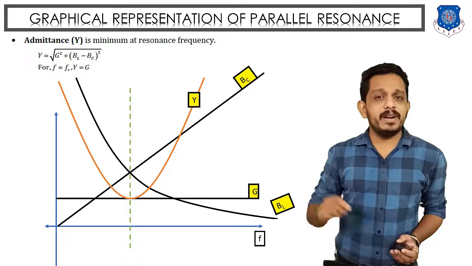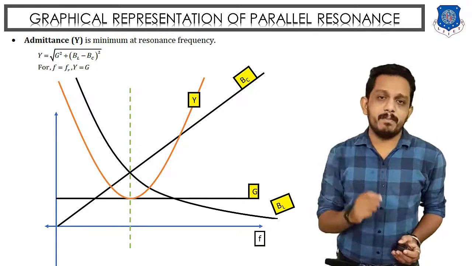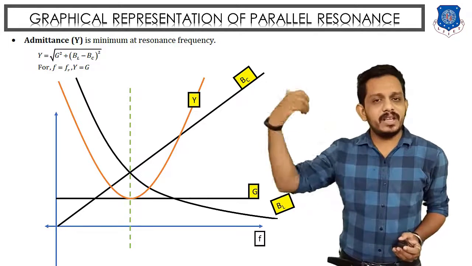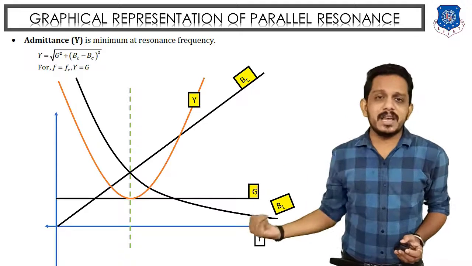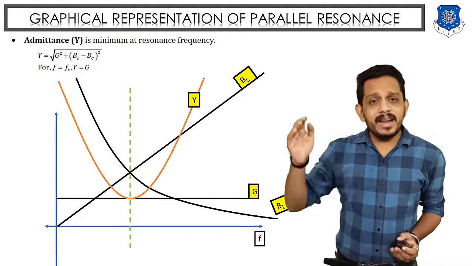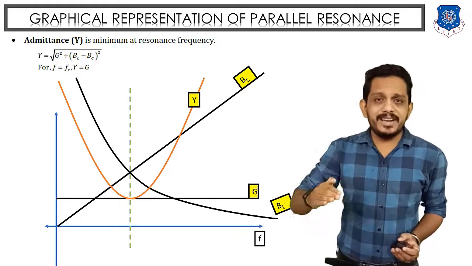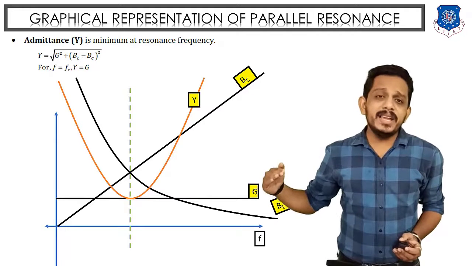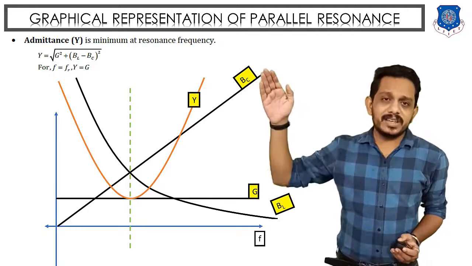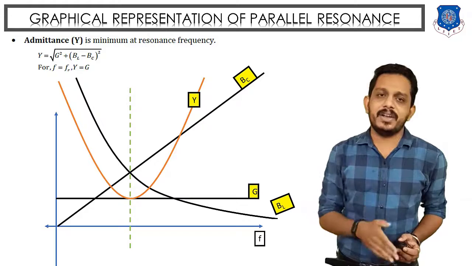The graph of admittance will start from infinity, because BL has an infinite value and BC has a zero value. Then as BL decreases and BC increases, the graph of admittance will start decreasing.